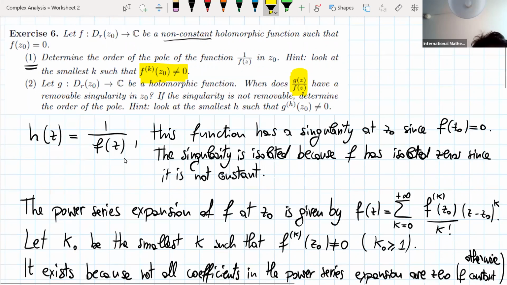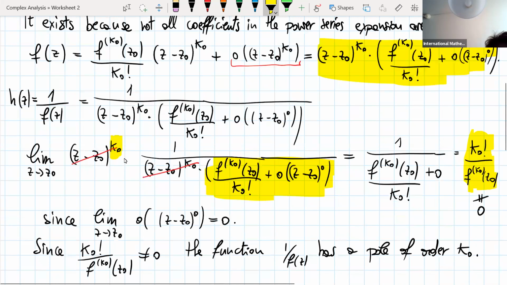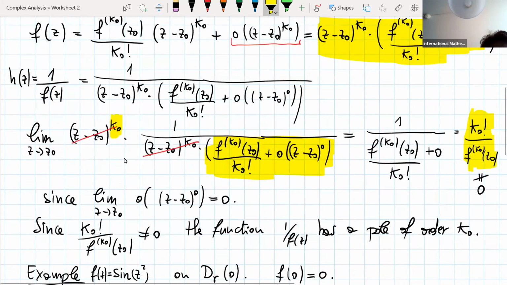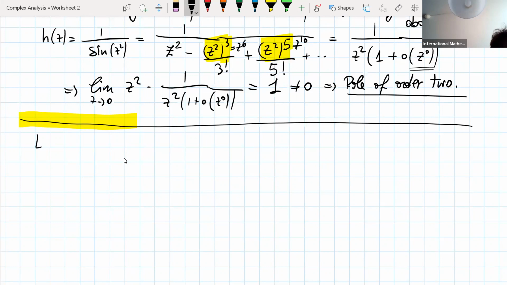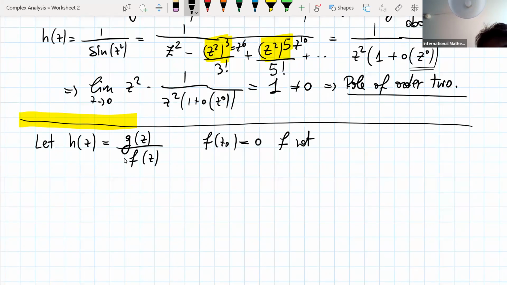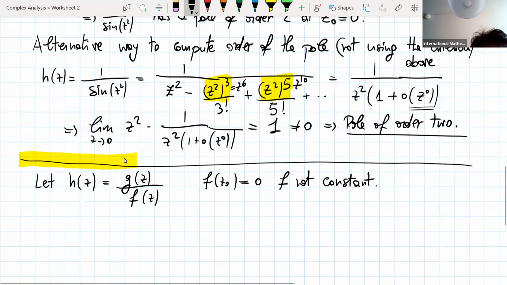So let's go on and prove the second part of the exercise. Let now h of z equal to g of z divided by f of z, with f(z0) equal to 0, f not constant. And again, here we have basically two cases.